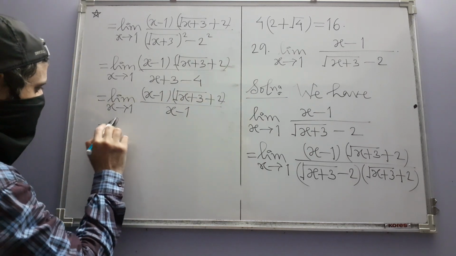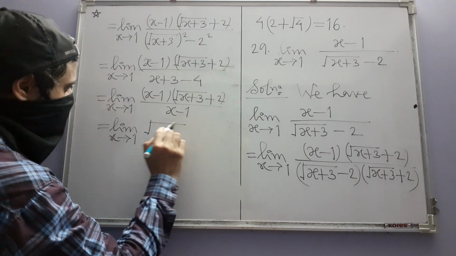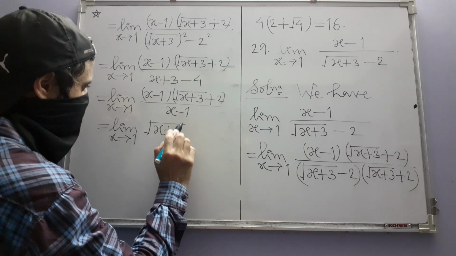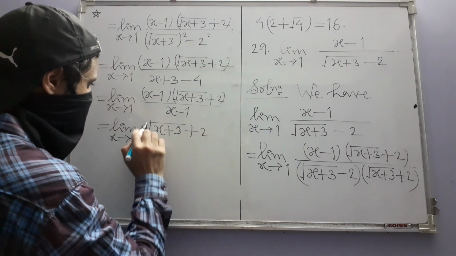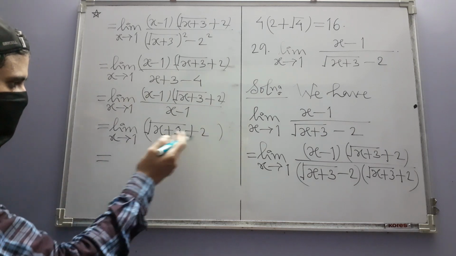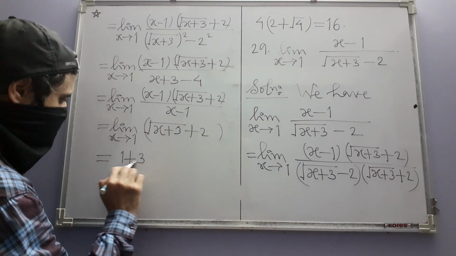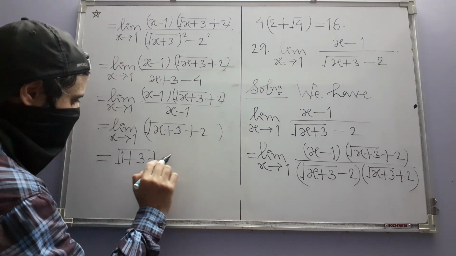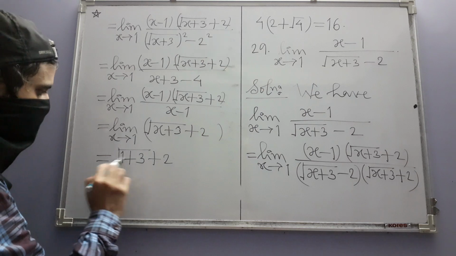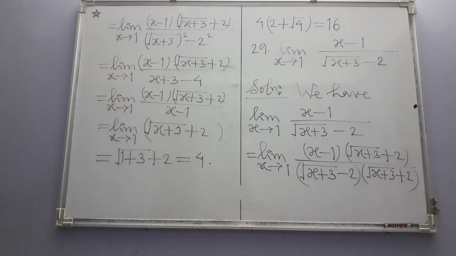And after cancellation, we have this 3 plus 2. Now using the power rule, the sum rule, all those things, we have this as the value of the limit. That means 4, square root of 4 is 2, 2 plus 2 is 4.